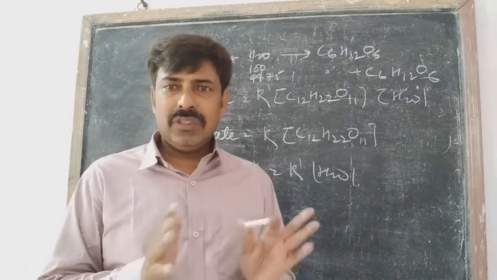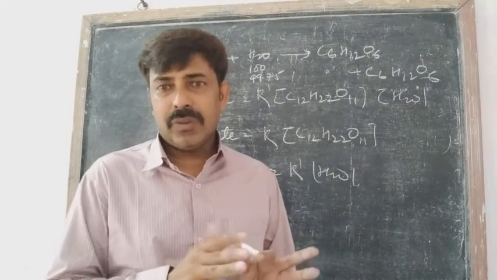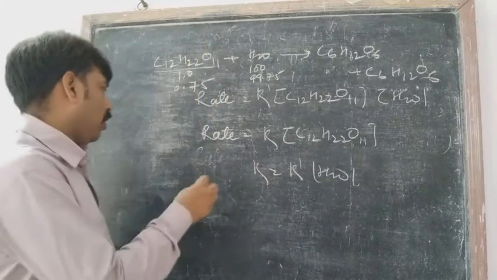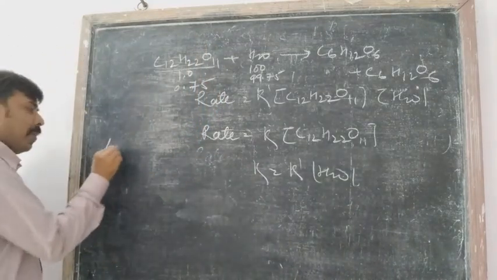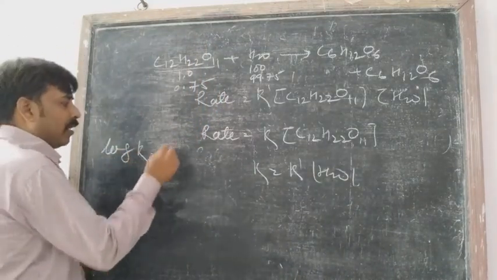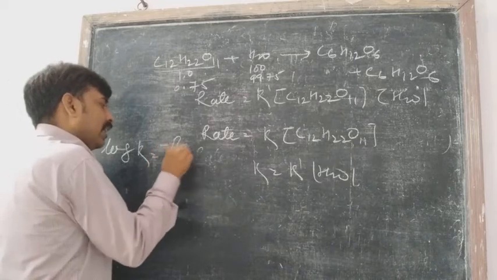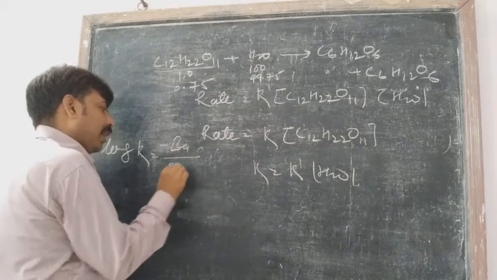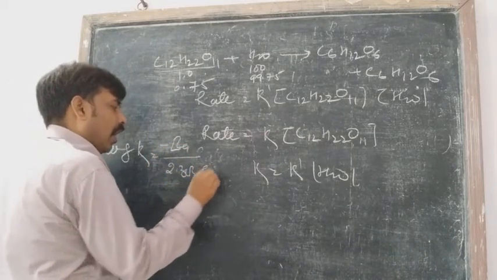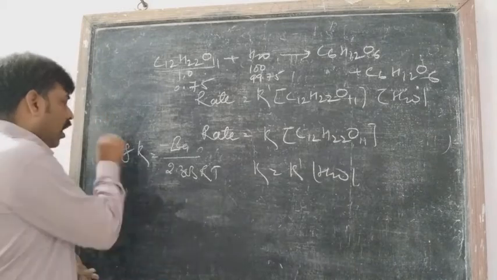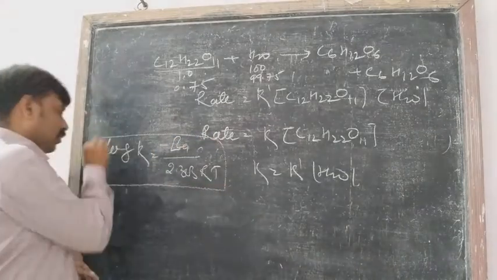But when you see just the Arrhenius equation, you will find in terms of the logarithm, log K equal to minus Ea by 2.303 RT, and this is the Arrhenius equation.